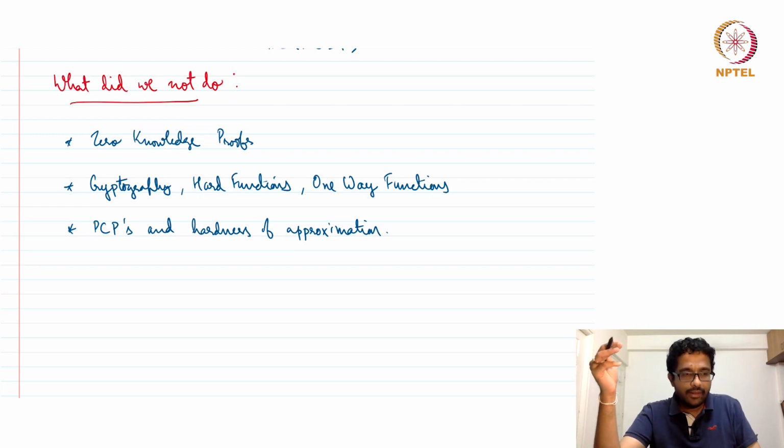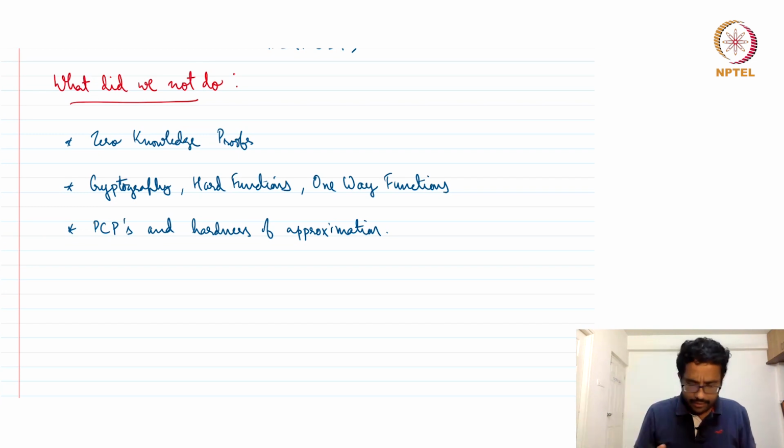People were able to make statements such as: you cannot even approximate this language within this factor unless P not equal to NP, and so on. That was a very interesting area. In fact, at some places there have been entire courses on PCPs and hardness of approximation, and the same is true for even cryptography. There are courses.